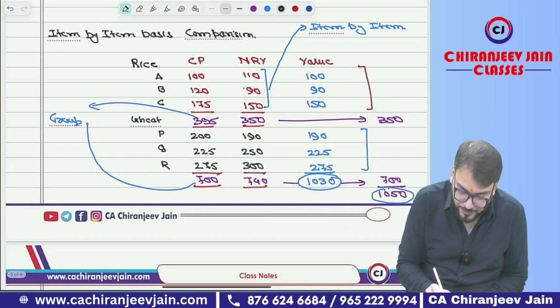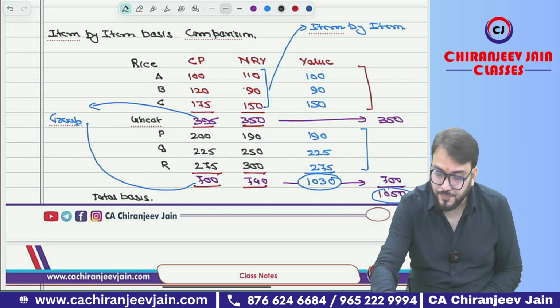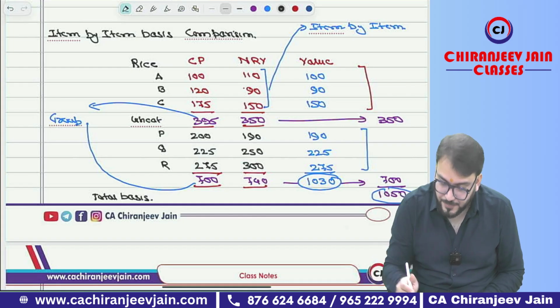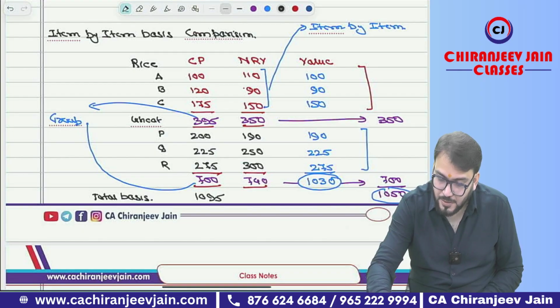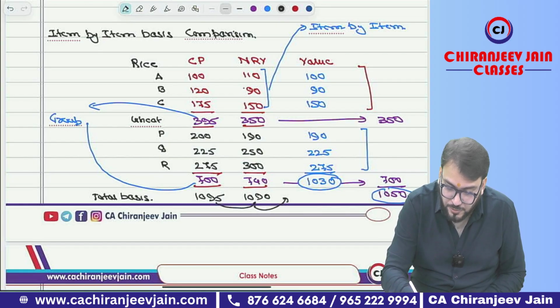Overall means total basis. So if you find out the total, what is the answer? 395 plus 700, that is 1095, and 350 plus 740, it is 1090. So you can see if you compare these two, your answer is 1090.